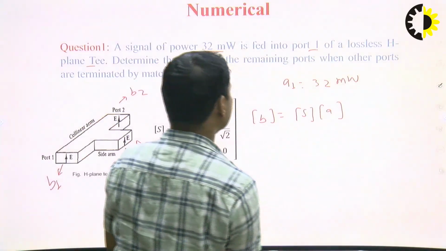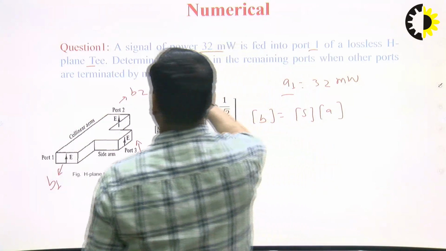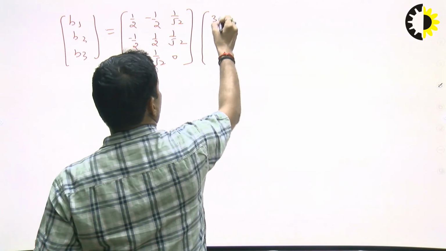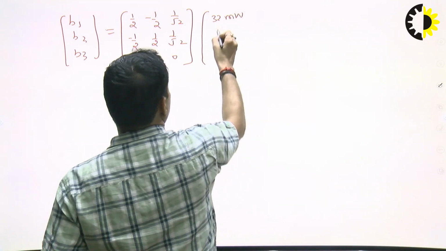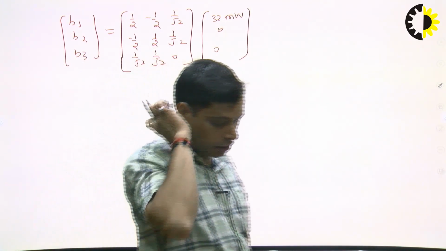The value of this A1 is 32 milliwatt and the rest, A2 and A3, are 0. So this is 32 milliwatt, 0, 0. So we can now solve these equations here.